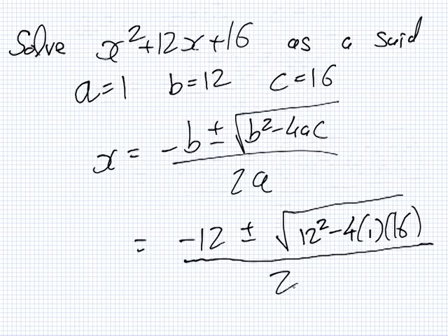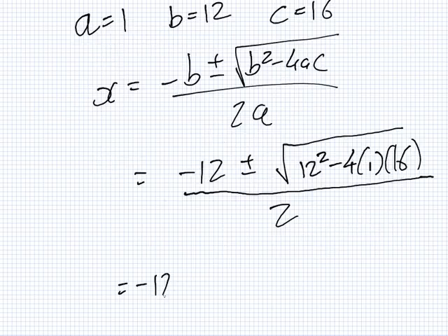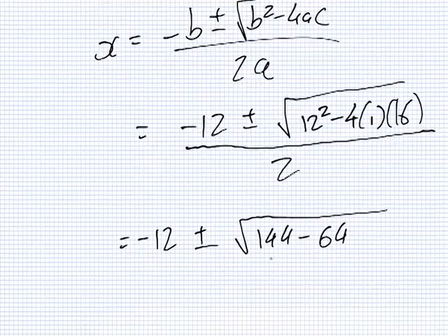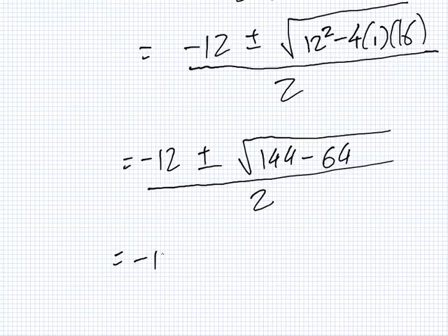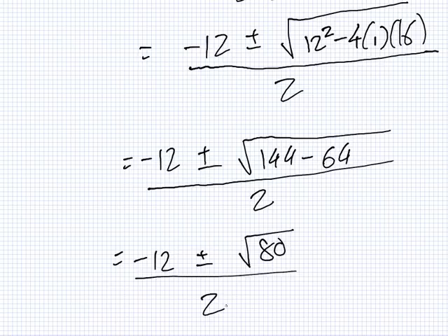Yep. So I got minus 12 plus or minus square root 144 minus 64 all over 2. So I got minus 12 plus or minus, what's that, 60, 40, 80 is it? Plus or minus root 80 over 2. Now if we go back to the lesson on surds, we can simplify the square root 80.